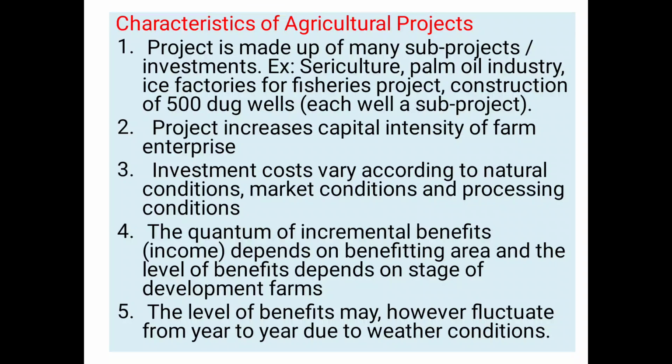Now the third characteristic is that investment cost varies according to natural conditions, market conditions and processing conditions. Means the investment cost differs between different agriculture projects according to the natural condition, market condition and processing condition.